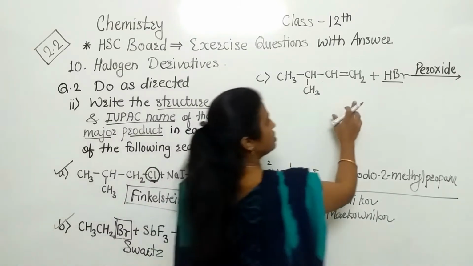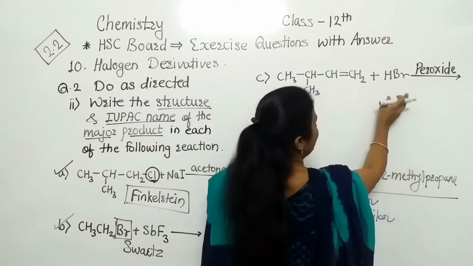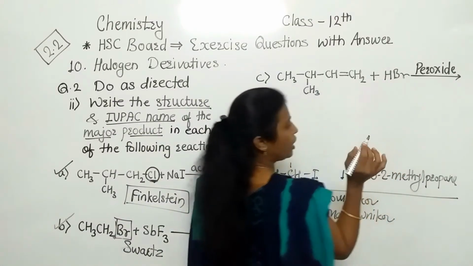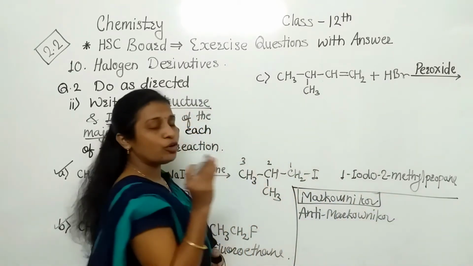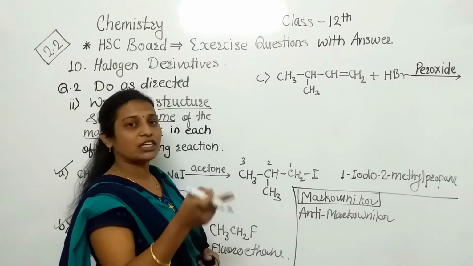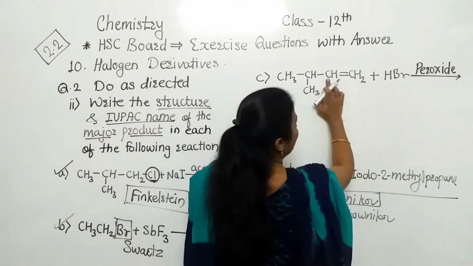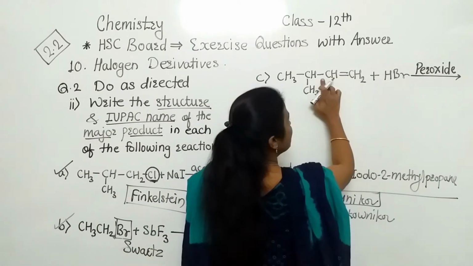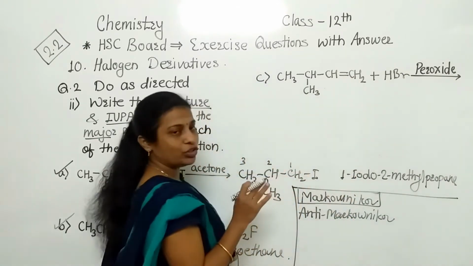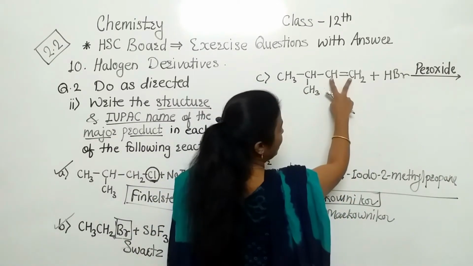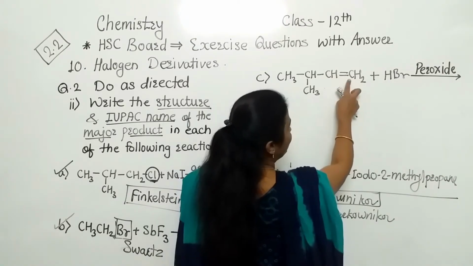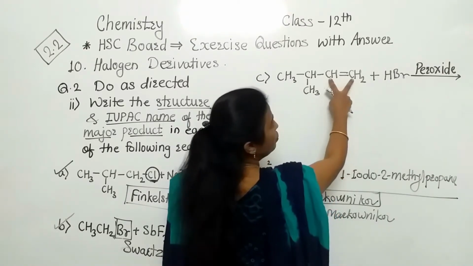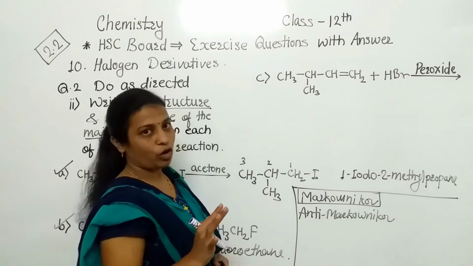So whenever there is an addition of a reagent, at that time negative part of the reagent, we are discussing about the Markovnikov rule, negative part of the reagent get attached to that carbon which having the less number of hydrogen. If we observe this alkene, in that the carbon-carbon double bond is there in between these two carbon. Now we have to observe which carbon contains less number of hydrogen.